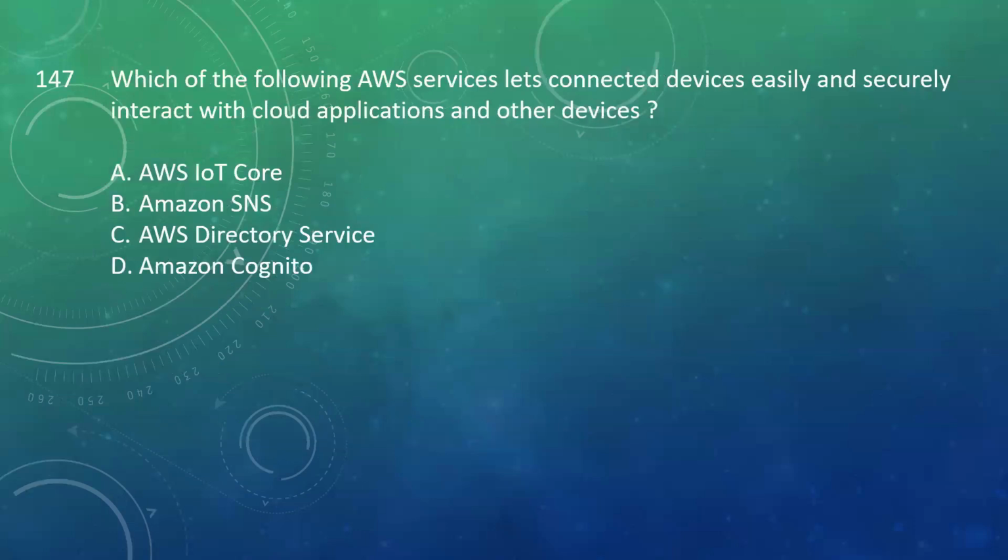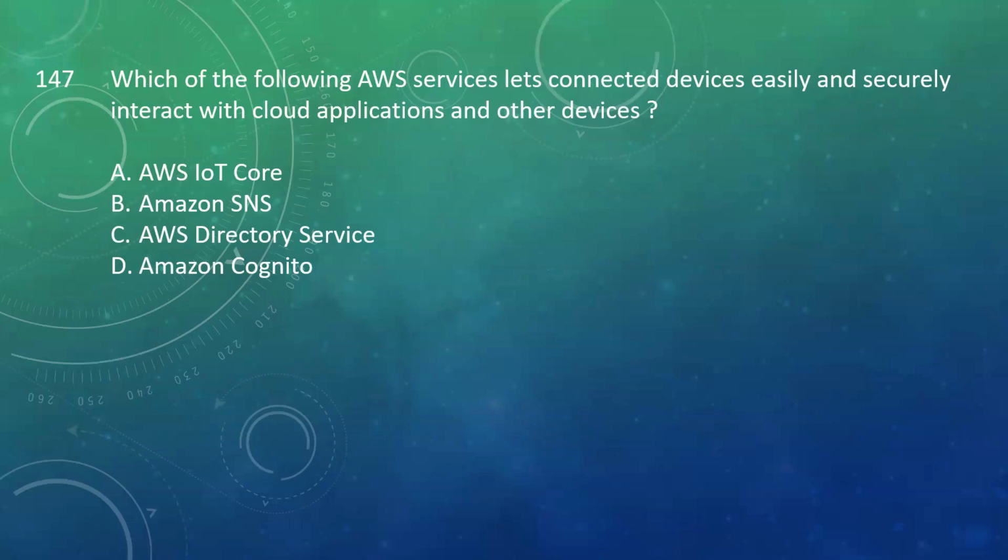Next question. Which of the following AWS services lets connected devices easily and securely interact with cloud applications and other devices? Your options are AWS IoT Core, Amazon SNS, AWS Directory Service, Amazon Cognito.